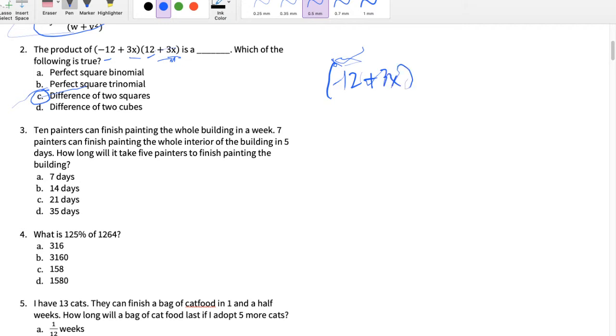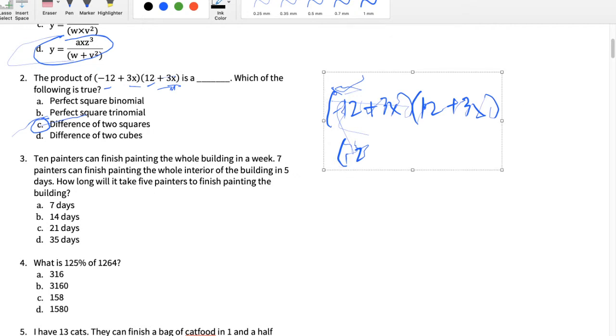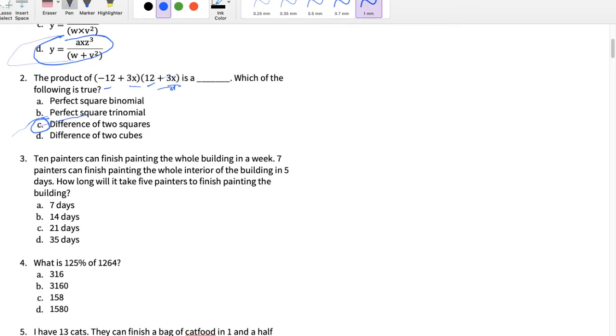For those who tried the FOIL method, sorry guys, the drawing tablet is acting up. Let's try the FOIL method for this one, just for those who can't follow.